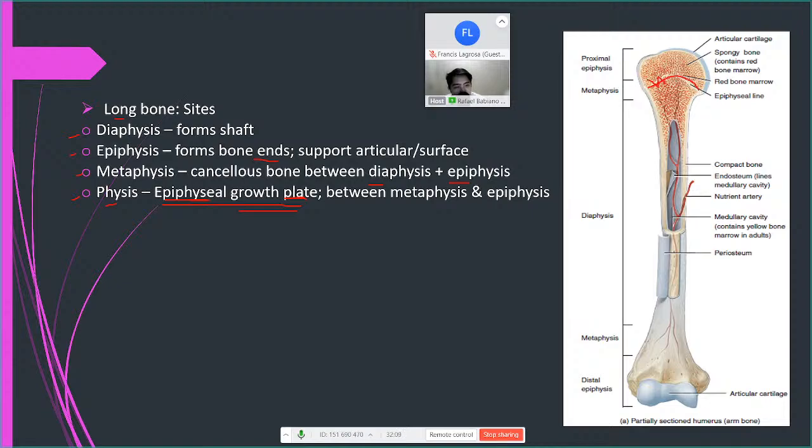If this line is involved in a fracture, the growth of this bone is now impaired. As I said, the bone doesn't lengthen. So you have to take note. As physical therapists, you can educate your family or your clients. Since you're still students, family and friends. Bones are very delicate in kids, so you have to take care of them. So yeah, those are the sites of a long bone.